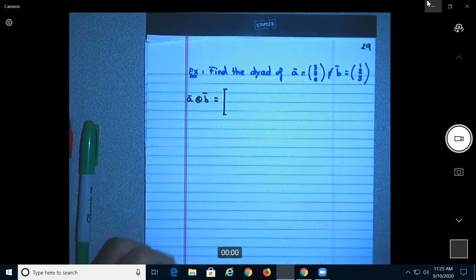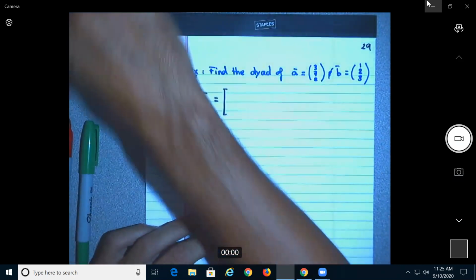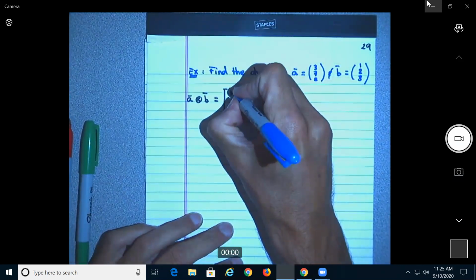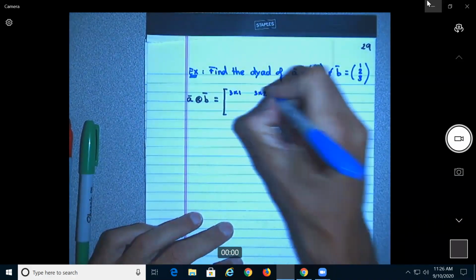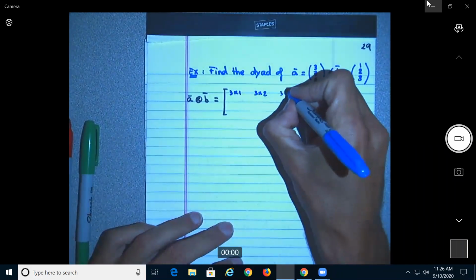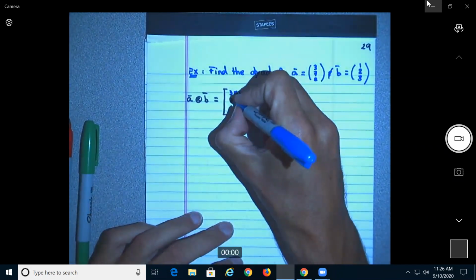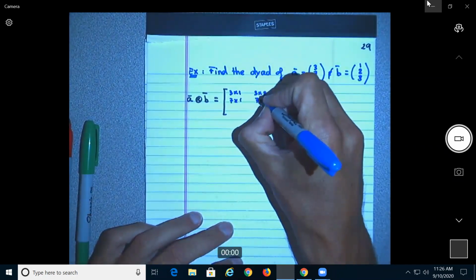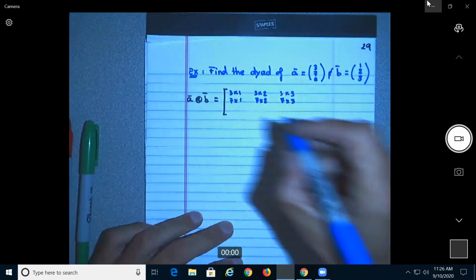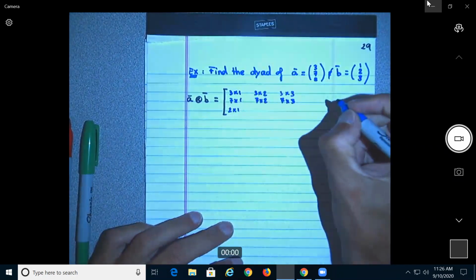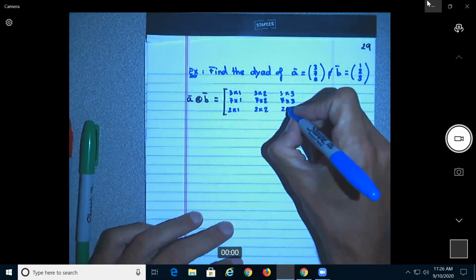All right, this will be what? u1 v1, so it will be 3 times 1, then 3 times 2, 3 times 3. Then 7 times 1, 7 times 2, 7 times 3, 2 times 1, 2 times 2, 2 times 3.